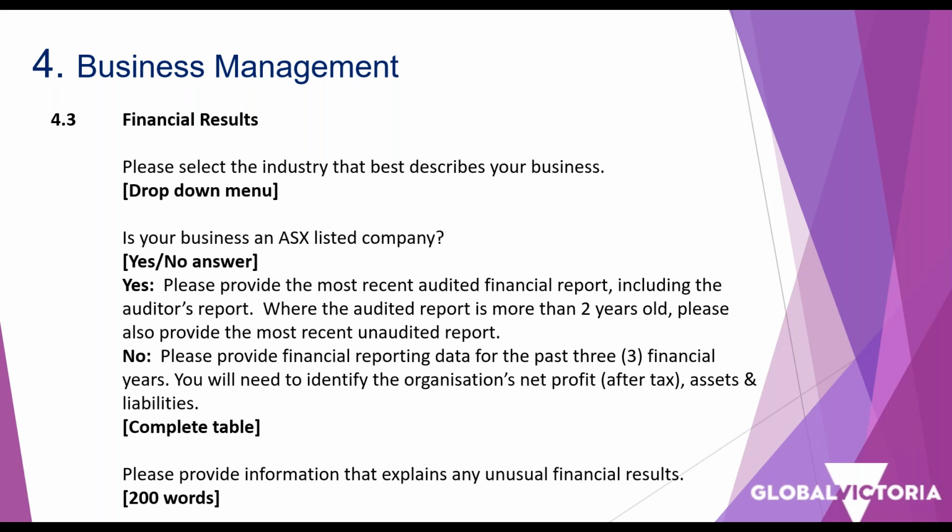If, of course, you're showing a loss in a particular year, particularly the most recent year, you need to explain why that occurred. Having that loss does not necessarily mean you will not win an export award unless you have not sufficiently explained it. So why could you be showing a loss? Well, perhaps you've suddenly invested a great deal of money in research and development. You've invested money in employing new staff.